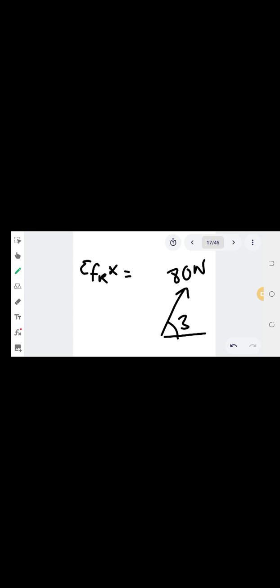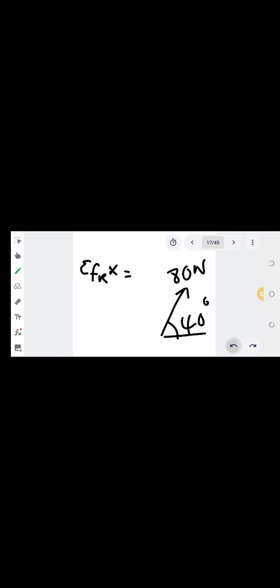Here the angle is 40 with respect to the x-axis. So if I was to resolve this into the x component, then I am going to use the cos, since the x component is the adjacent.